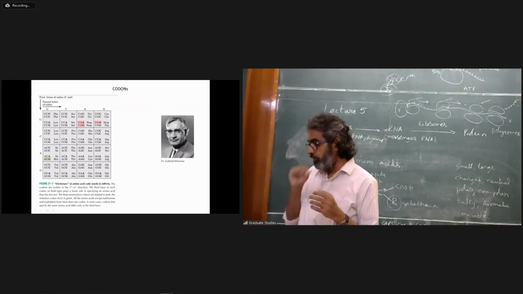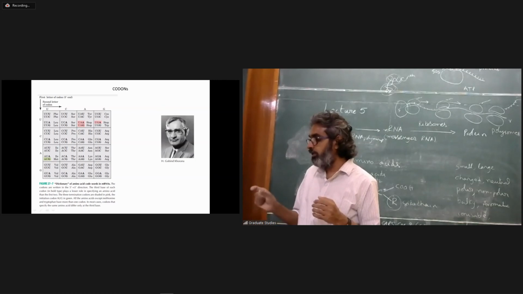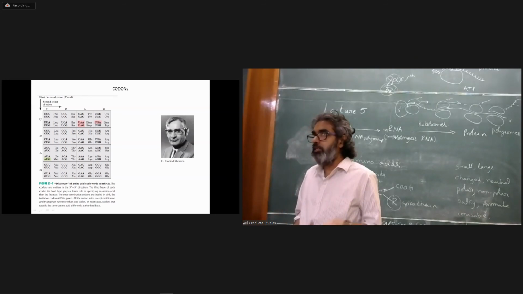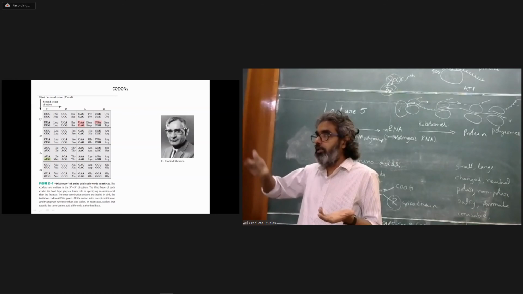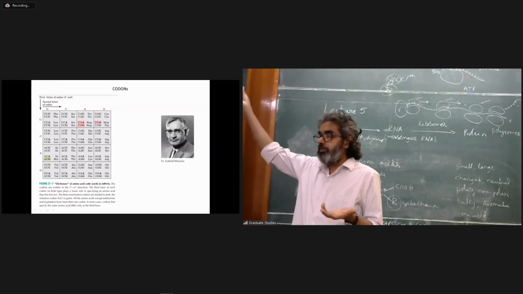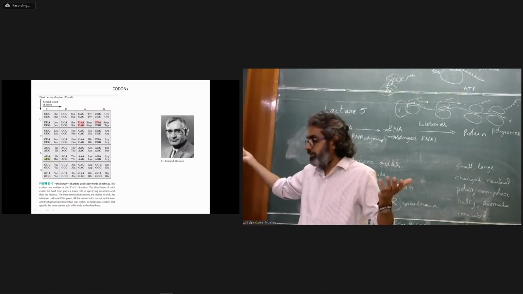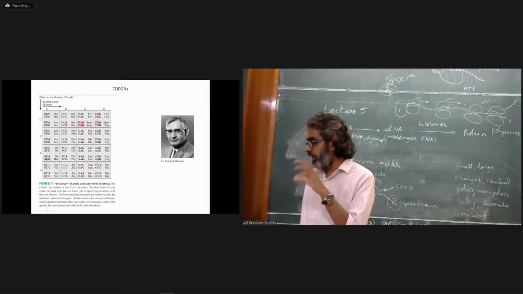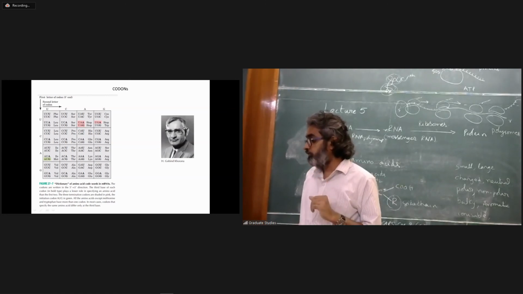You have to imagine that any triplet not coding for an amino acid should act as a stop codon. Otherwise the ribosome will stall, because there is no tRNA coming. The tRNA doesn't represent any amino acid, so protein synthesis stops. To fill in those gaps, some amino acids are given rich variety, special treatment.